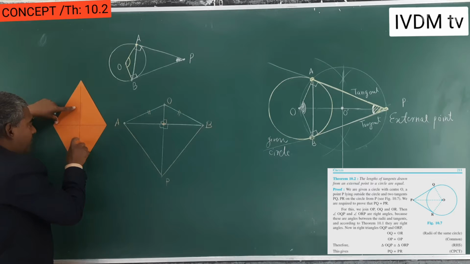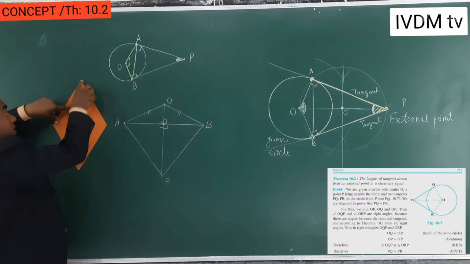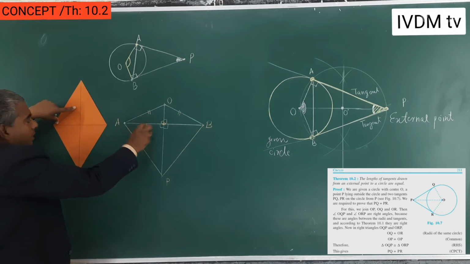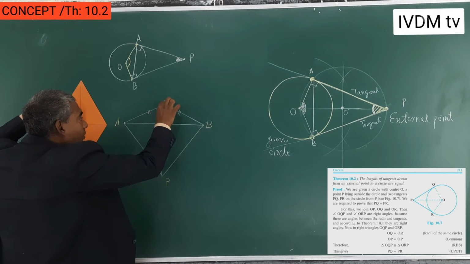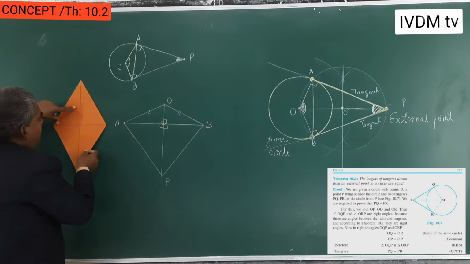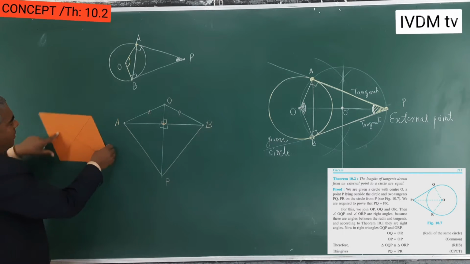That is why in a parallelogram it is called diagonals bisect each other. Each other means this will be bisected also, this will be bisected also. But here one diagonal is bisected by another, so the word 'each other' will not be used. Okay, so this is the rhombus.